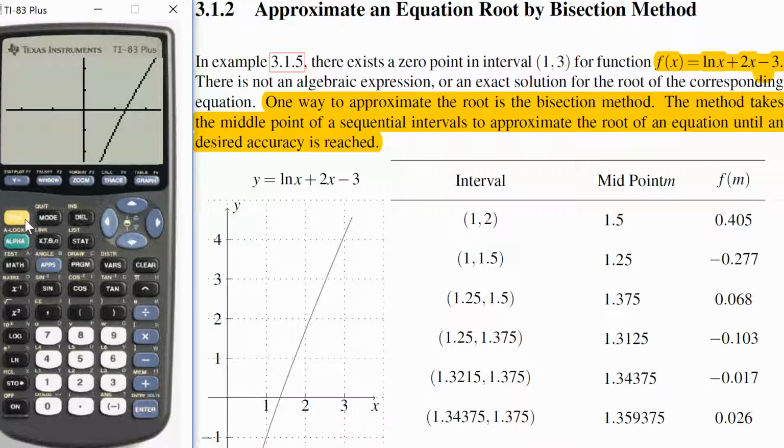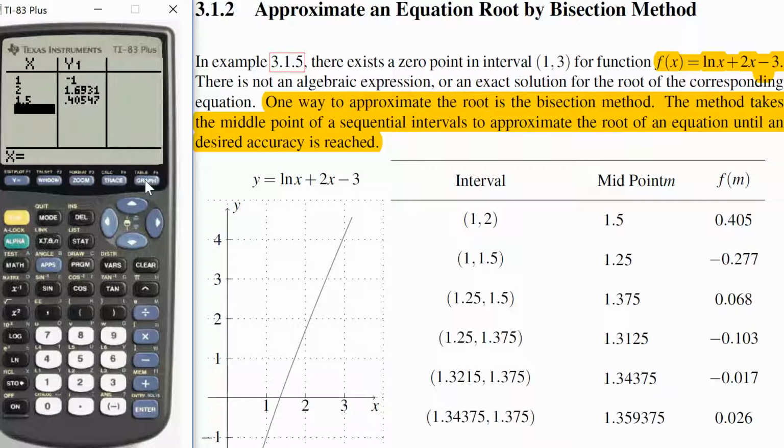How do you calculate the value? You click on second graph. You see when x equals 1, you have a value of negative 1.